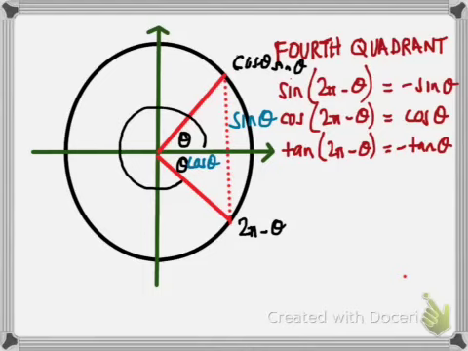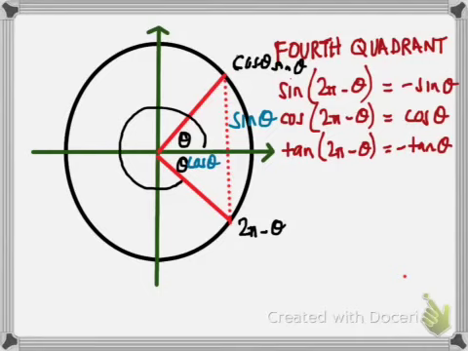So sine is negative. Cosine theta for our original angle is positive. Is it still positive? Yes, it is. Cosine positive. Tan being defined as sine divided by cos, negative divided by positive, is negative.